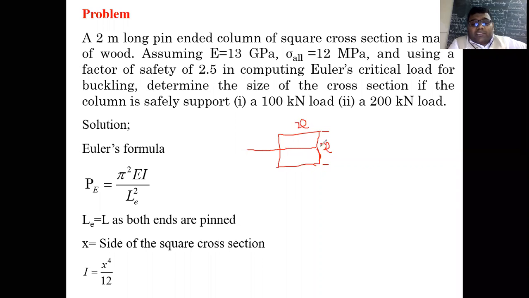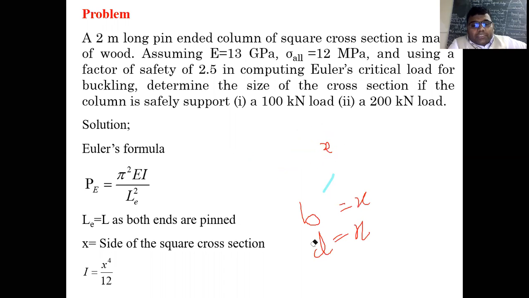It will be x to the power 4, why? Because we write bd cube by 12. So here b is x, b is also x, and d is also x. So it becomes x to the power 4 by 12. So I is equal to x to the power 4 by 12.